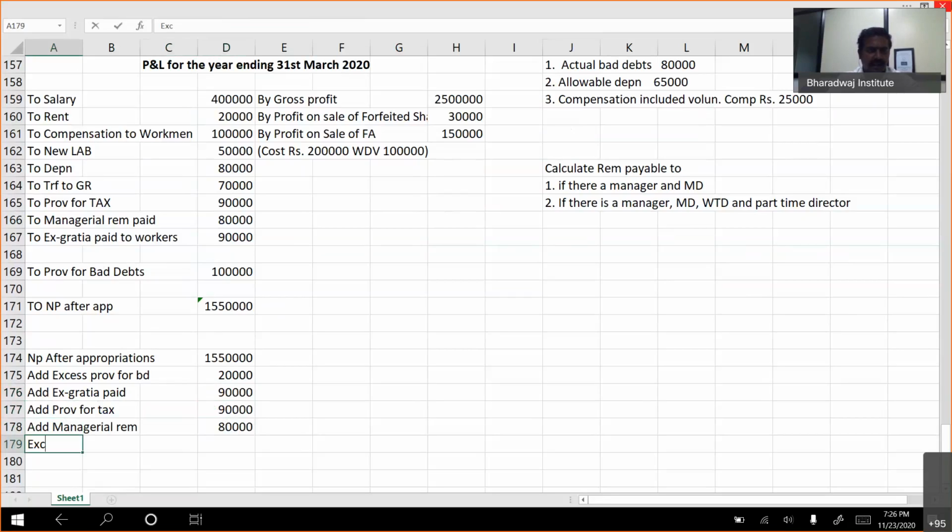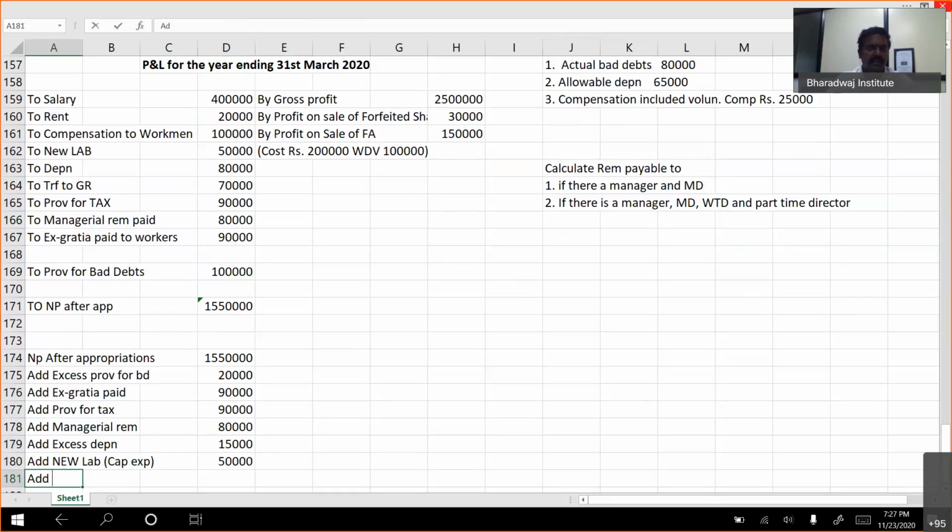Then add excess depreciation. 80,000 is there in the P&L account and 65,000 is allowed, so 15,000 will be added back. New laboratory: it's a capital expenditure. This may be allowed for income tax purposes, but for calculating remuneration it should be added back, 50,000.